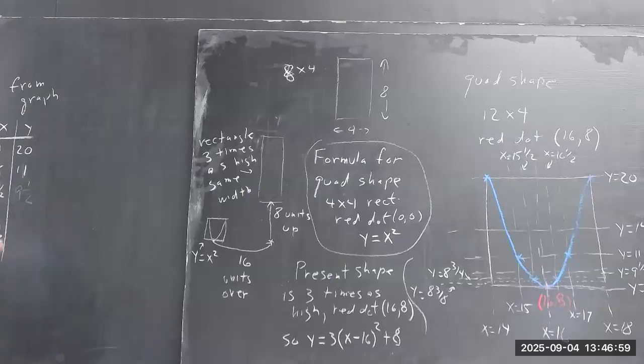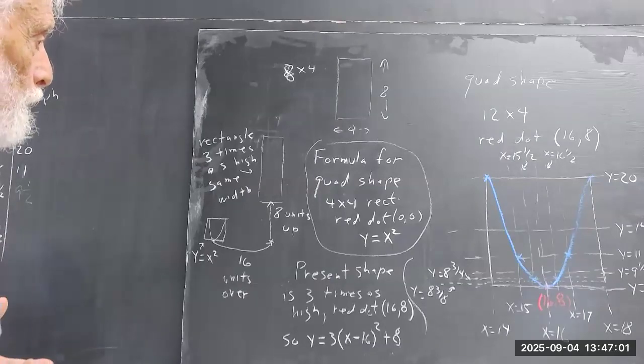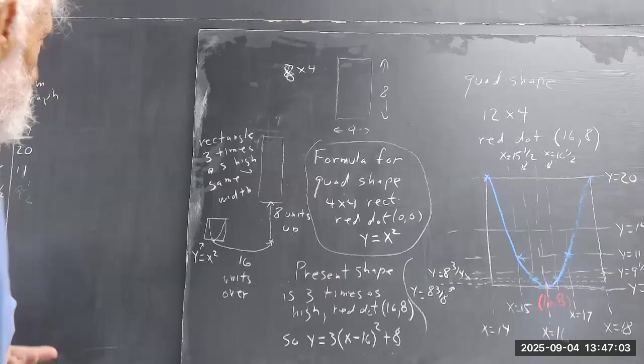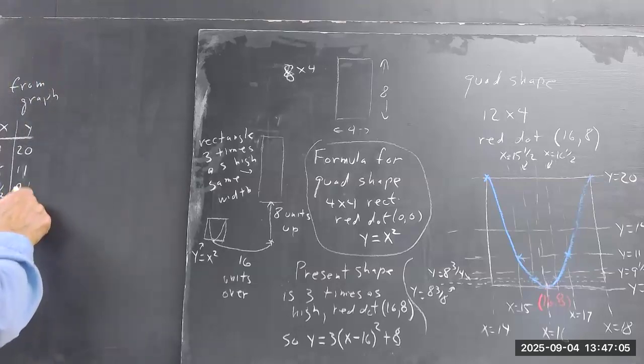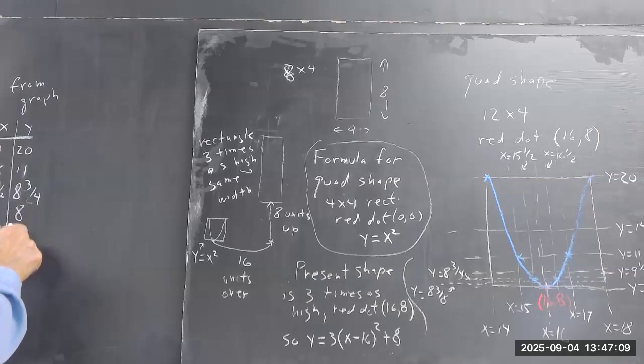So now my numbers are going to behave better, I hope. And I think I get 8 3/4 and I get 8. Then I get 8 3/4, 11, 20.